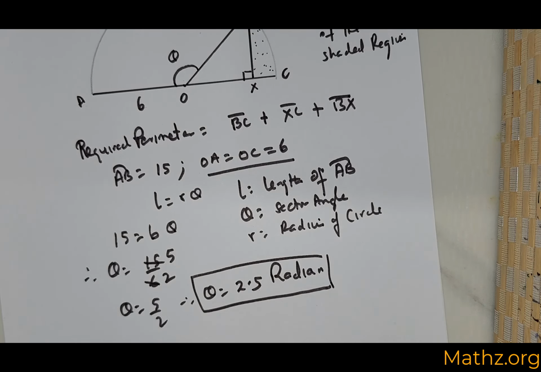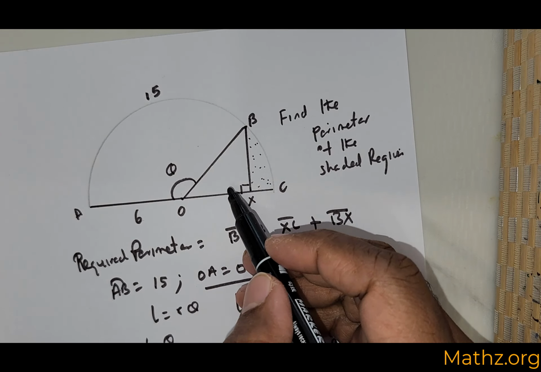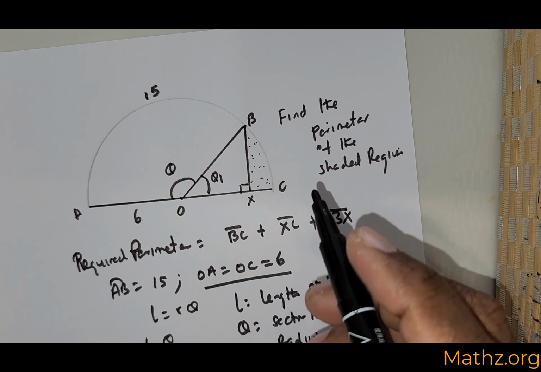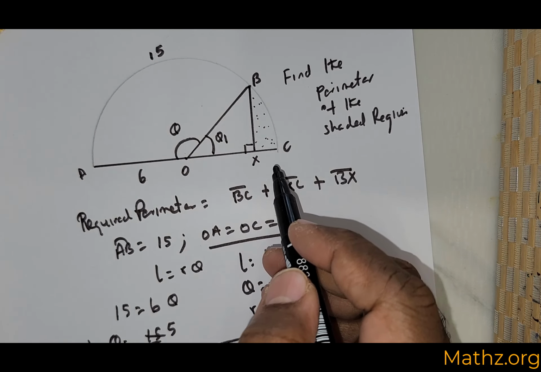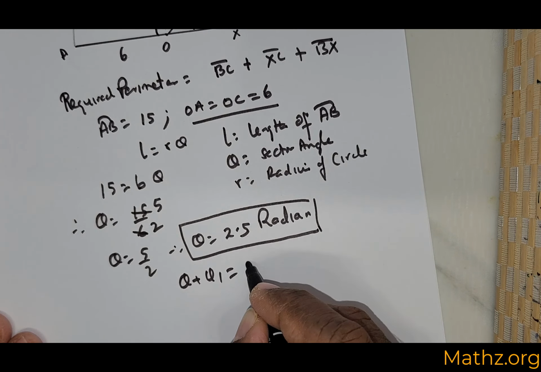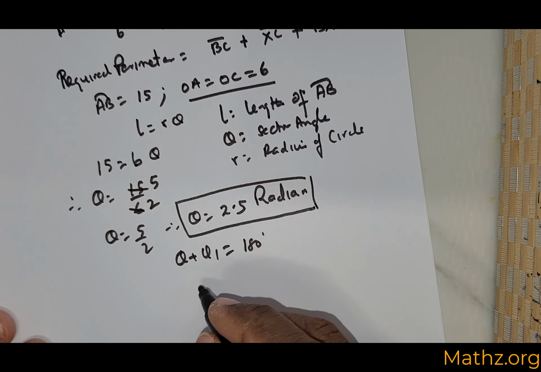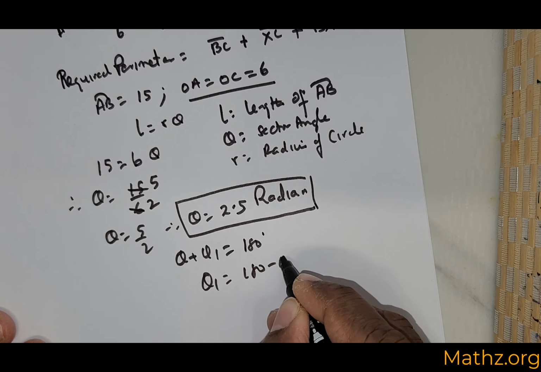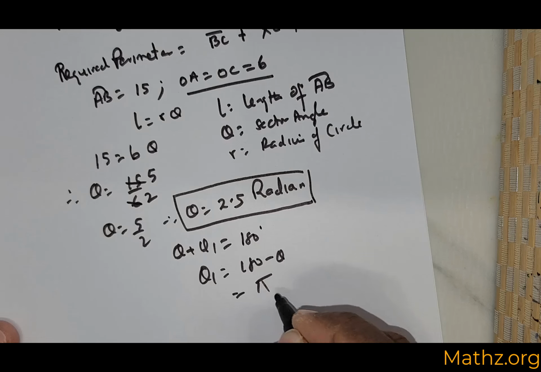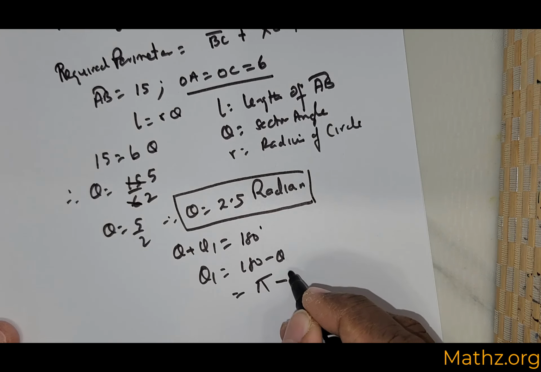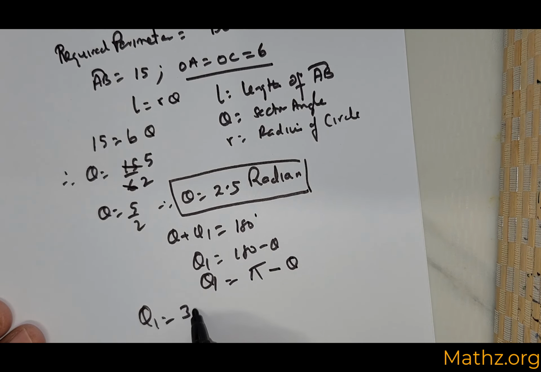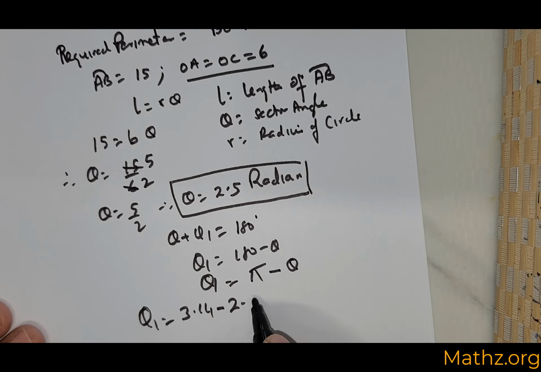Having got theta, I would want to get this angle, which I can state as theta 1. Now since this is a semicircle, theta plus theta 1 is going to be equal to 180 degrees. We need theta 1. So theta 1 is equal to 180 minus theta. I'm not going to use degree measure, so I'll take it as pi, radian measure. So pi minus theta will give me theta 1. Now pi is 3.14 and my theta is 2.5.